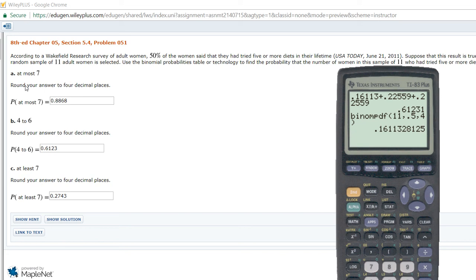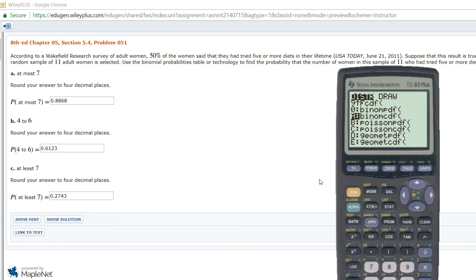Okay, moving on to the at most 7. So that would be less than or equal to 7. So we're going to use a cumulative probability distribution, which is right underneath the binomial PDF.